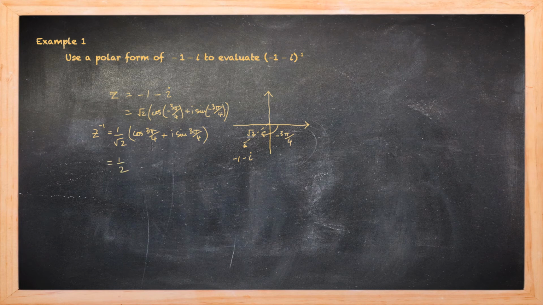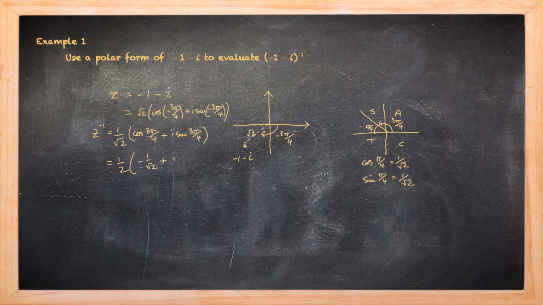So let's evaluate cos of 3π/4. Now that's in the second quadrant, and we're dealing with an angle of π/4 in the second quadrant. And we know that the cosine of π/4 is 1/√2, as is the sine of π/4. So the cosine of 3π/4 in the second quadrant will be negative.